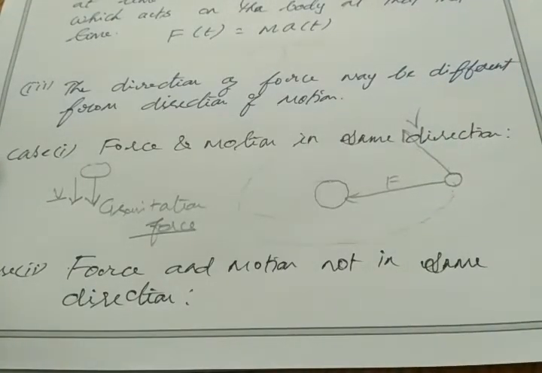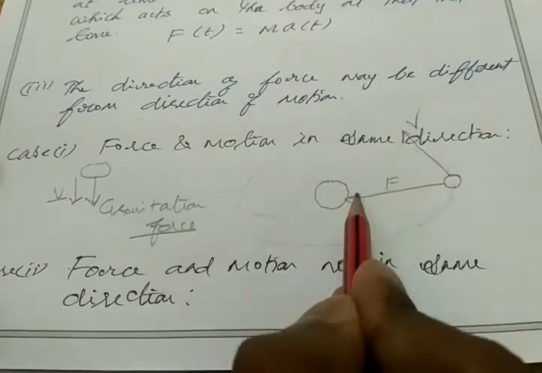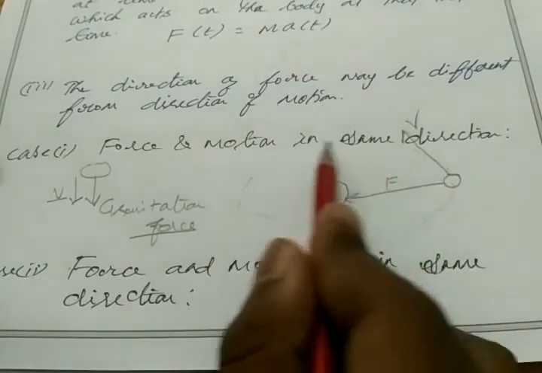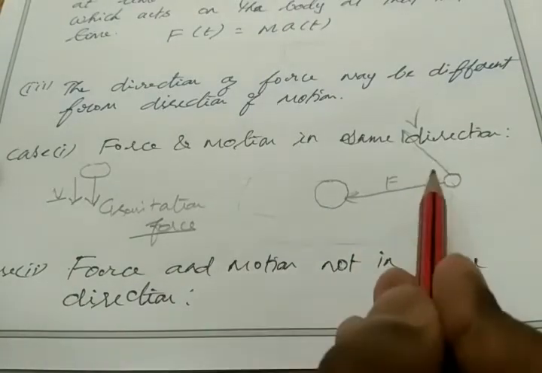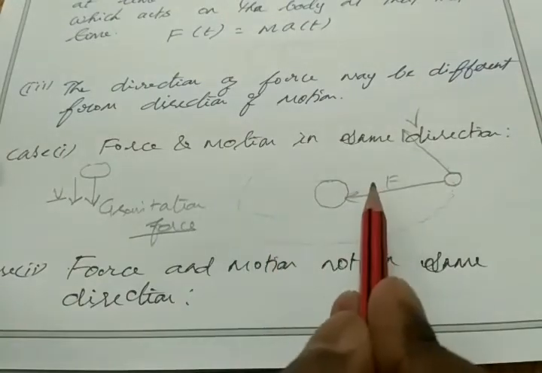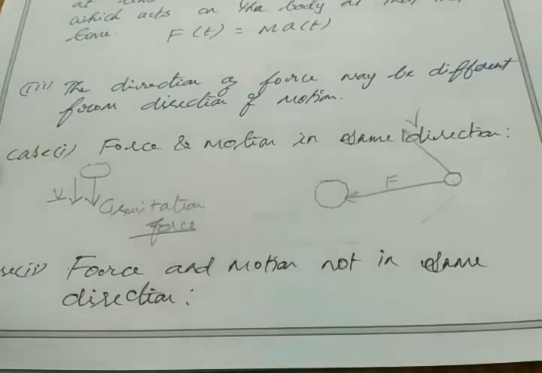If you take any centripetal force, the force always acts towards the center. That's why we call it centripetal. But the object is rotating around the center. So here the force is acting towards the center, and the object is rotating around the center. If you take our sun and all the planets, all the planets rotate in their orbits, but the force acts towards the sun.